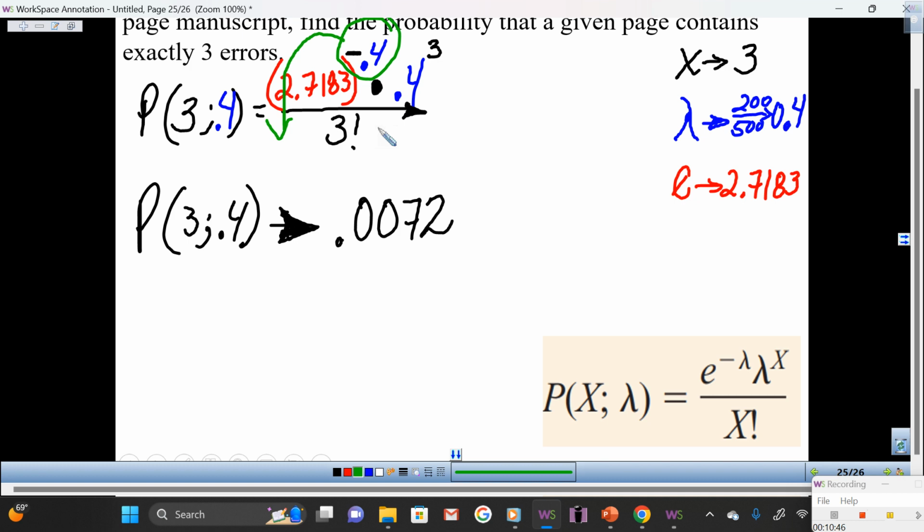So this becomes 0.4 to the 3rd times 2.7183 to the 4th times 3 times 2 times 1, or 3 factorial, and just simplify the rest.